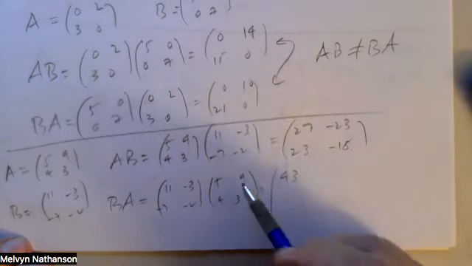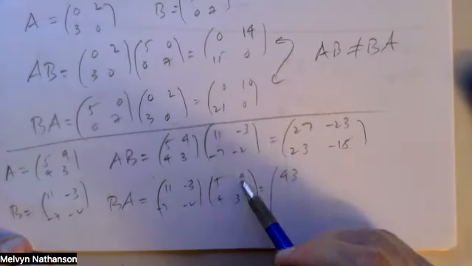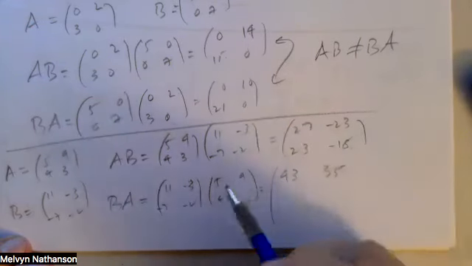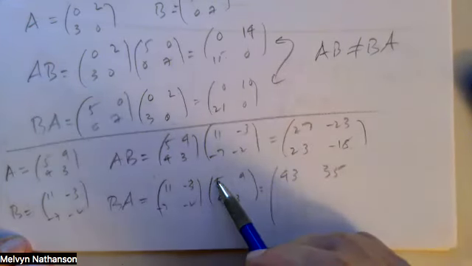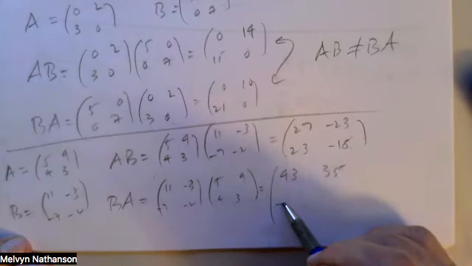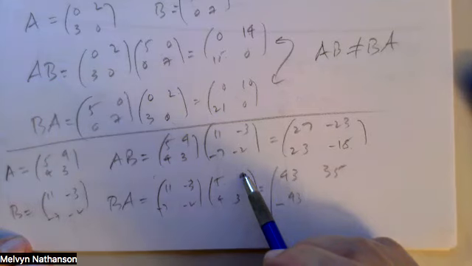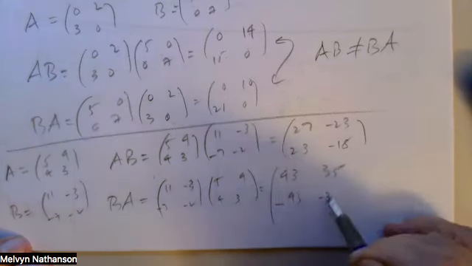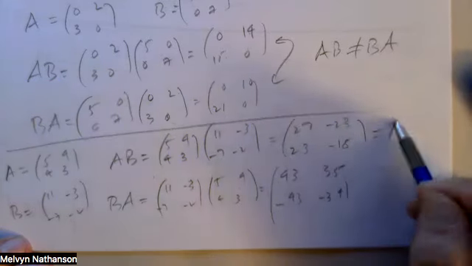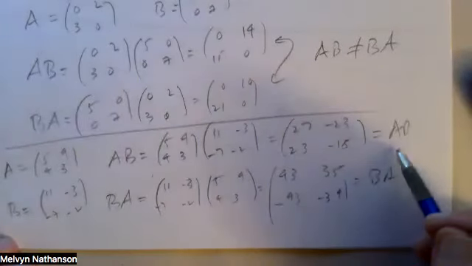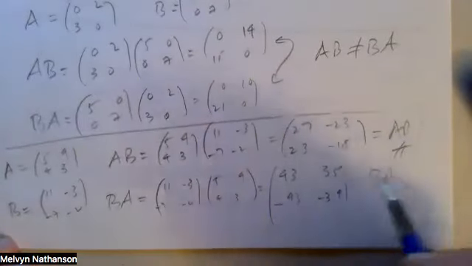Already we see they're different. 44 minus 9 is 35. Minus 35 minus 8 is minus 43. Minus 28 minus 6 is minus 34. This is AB, this is BA. They're completely different matrices. Again, not equal.